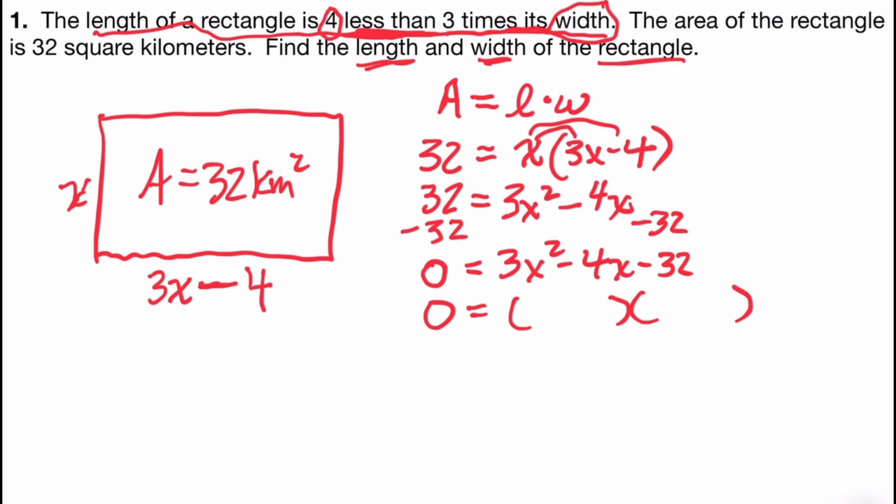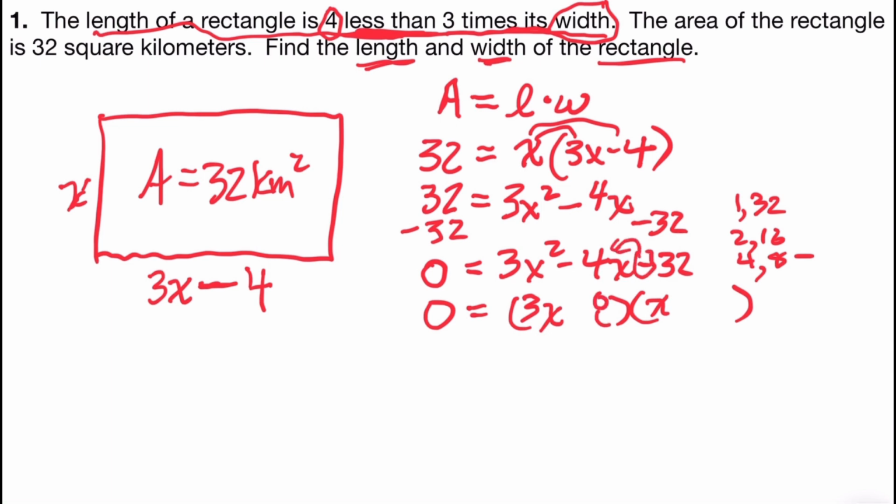3x squared can be made by multiplying 3x times x as the first terms in the binomial. And then I have some choices. I could multiply 1 times 32 to get 32, 2 times 16 to get 32, or 4 times 8 to get 32. I'm going to use 4 and 8 so that I can have a subtraction to get 4x in the middle term.